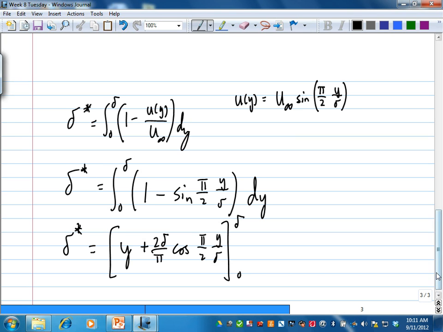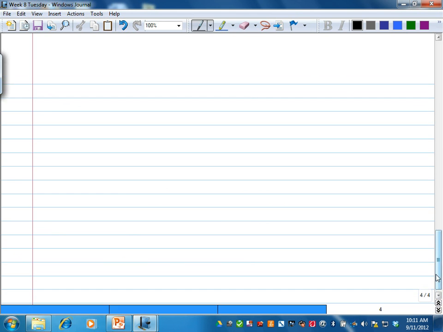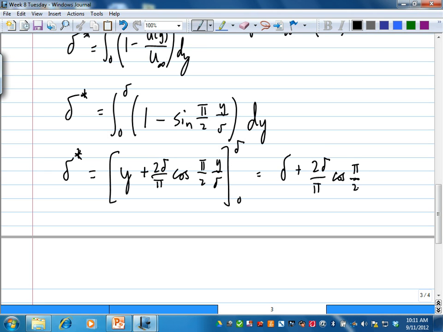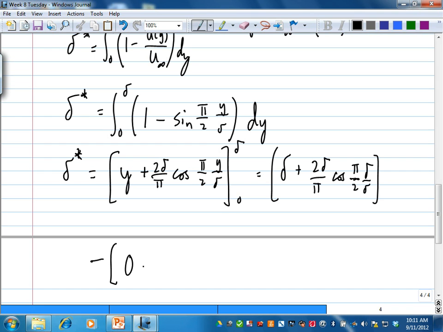So if you put in y equals del, you get del plus 2 del over pi cos of pi over 2 del over del, minus 0 plus 2 del over pi cos of pi over 2 times 0 over del.